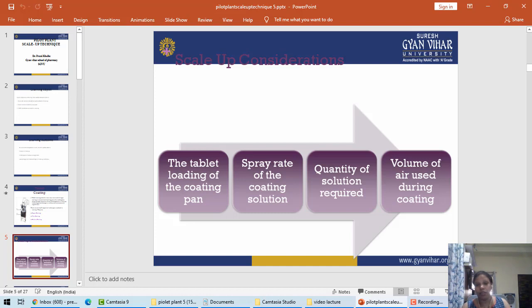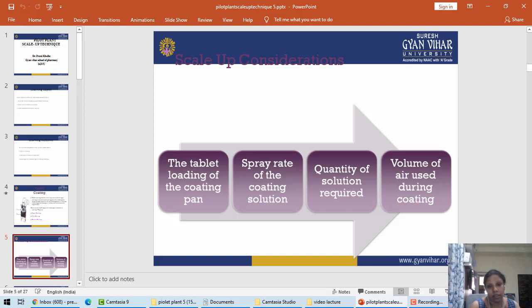For example, if we overload the coating pan, it is very difficult to coat each and every tablet, so some tablets may not get coated during the coating process. And if we underload it, a thick layer of coating may occur on the tablets, which may ultimately alter the properties of the final product. So tablet loading is important.